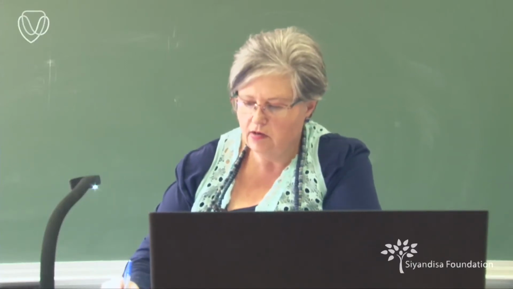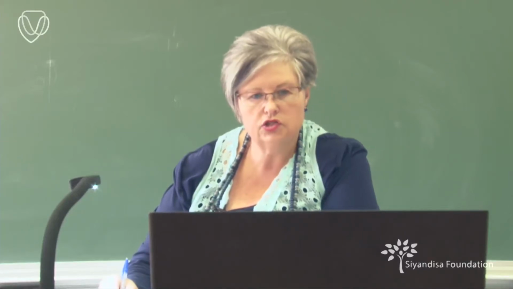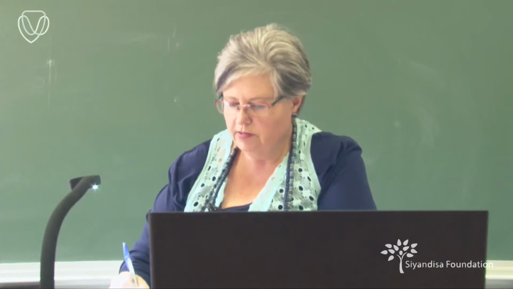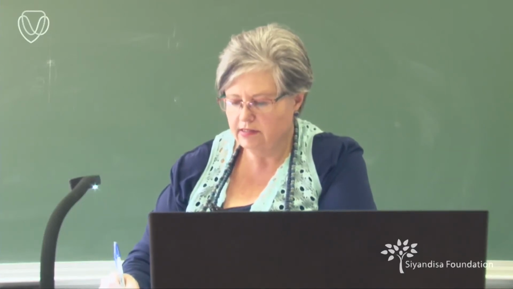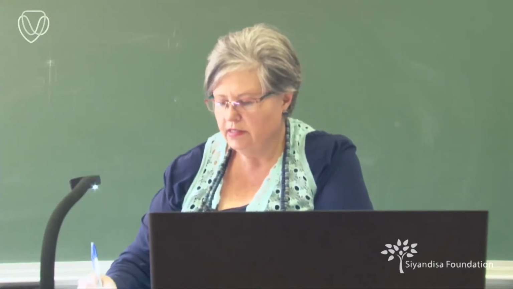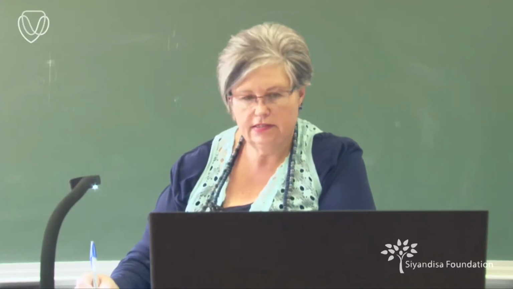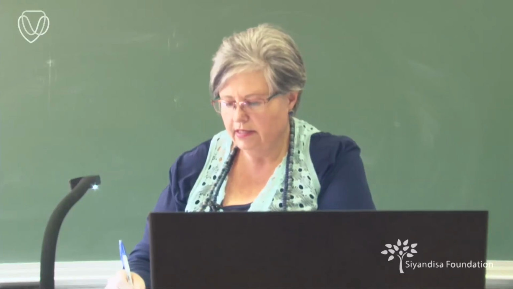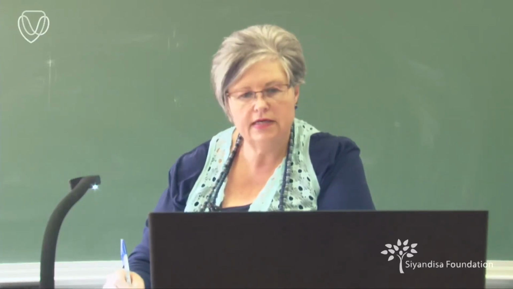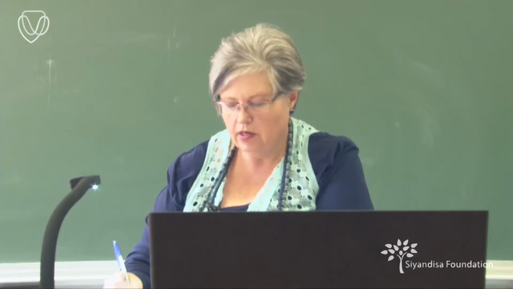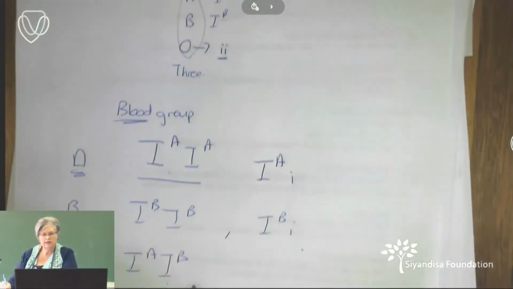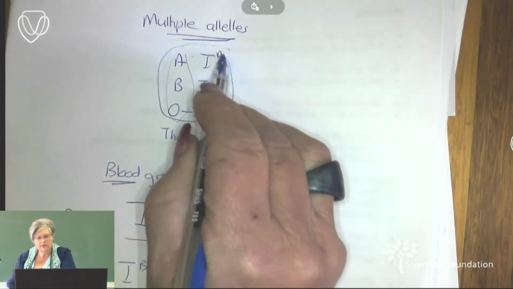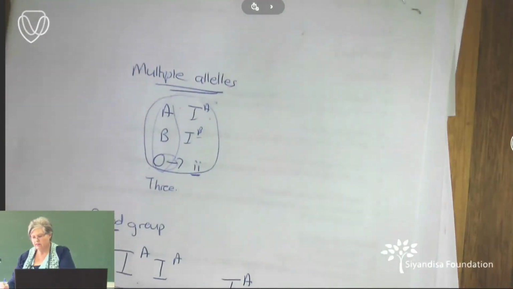You must use IA, IB, or small i, small i. If you are blood group B, you can be homozygous, you will look like this, or you can be heterozygous, you will look like this. If you are blood group AB, you will be IA IB. You can be nothing else. And if you are blood group O, it's small i, small i. So remember, in blood grouping, there are 3 alleles, of which O is the recessive one.